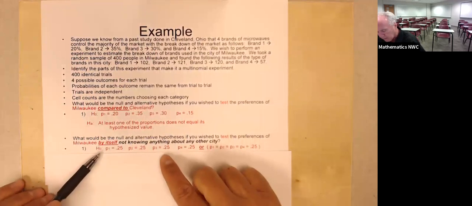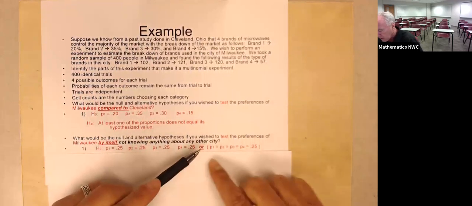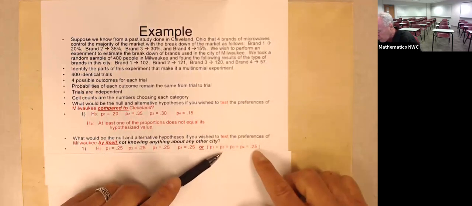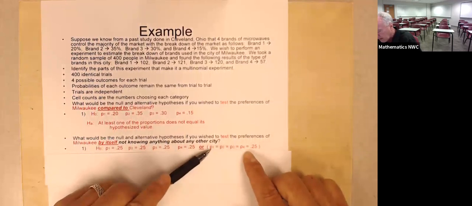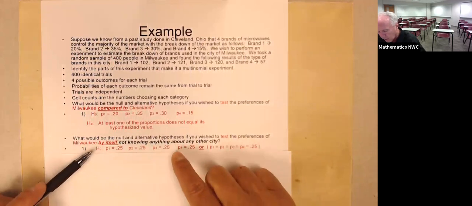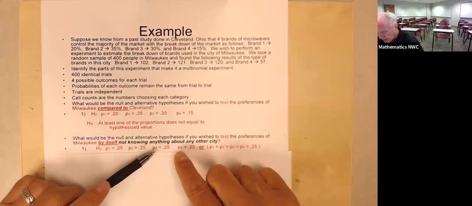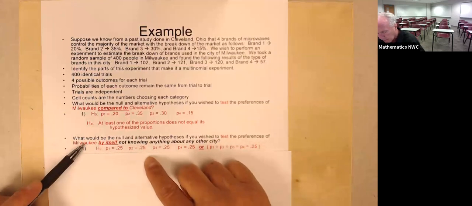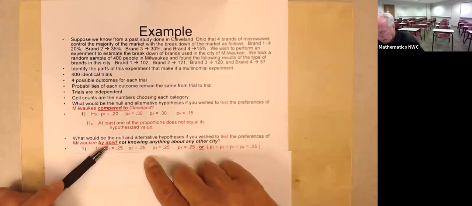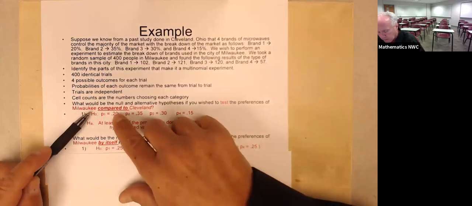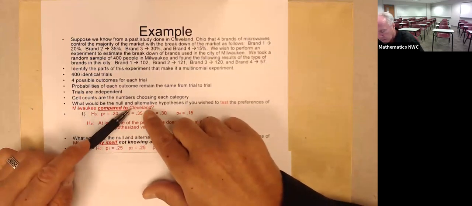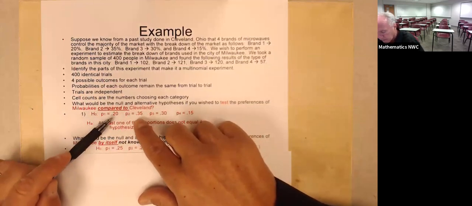I could write my null like this, or I could write them all equal to 0.25, like this. Either here or here would work for your null. Notice though, these are the same when I'm comparing Milwaukee by itself. If I'm comparing it to some historical thing, in this case Cleveland, I use the historical ones up there.